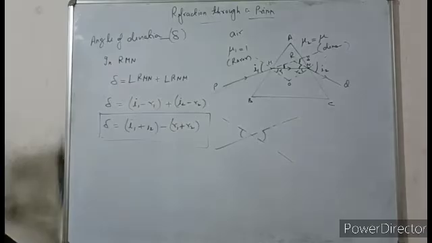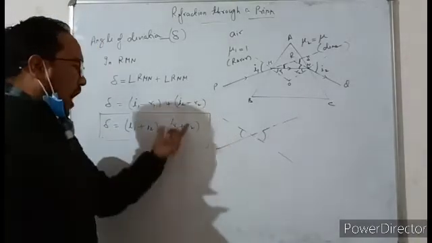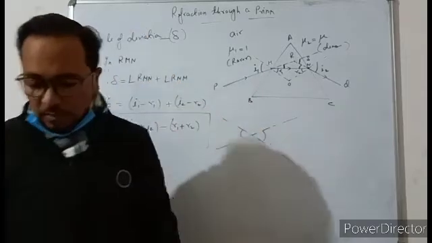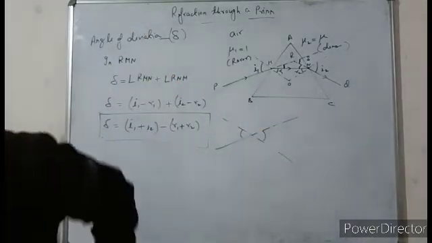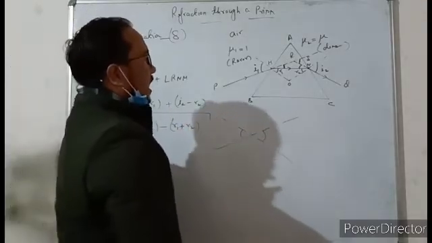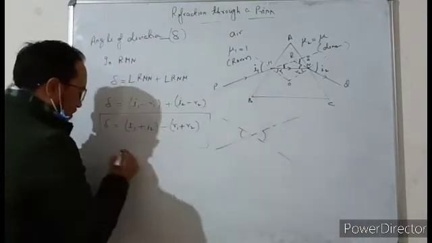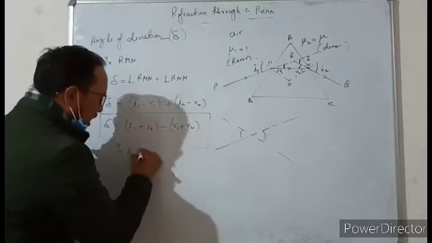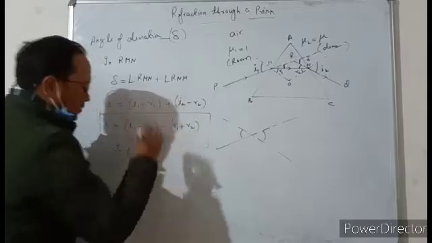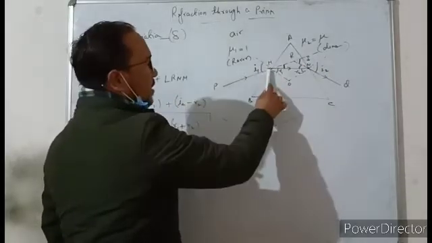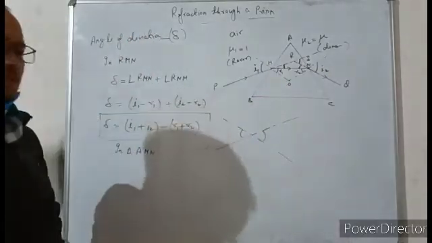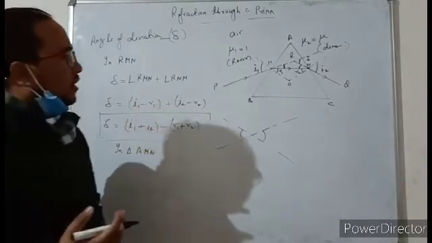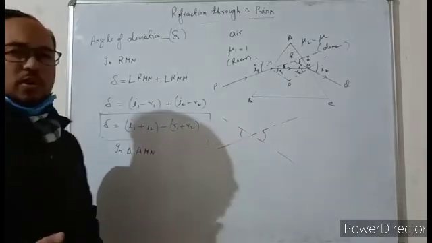Now we can also replace R1 plus R2 with the angle of prism easily. How will we replace it? Look, students, in triangle AMN, as we know, the sum of three angles of the triangle should be equal to 180 degrees.